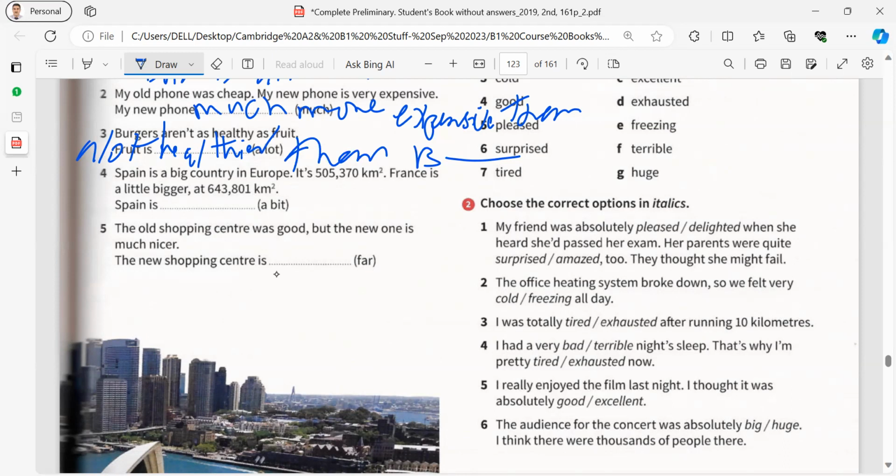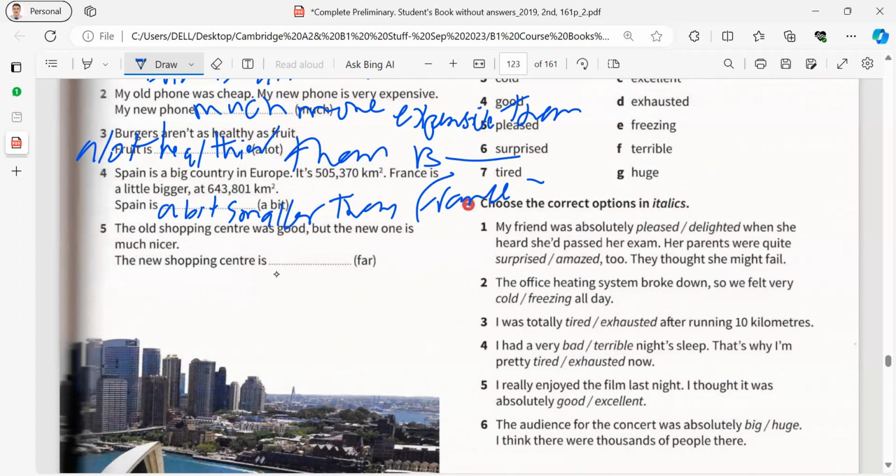France is a little bigger at 643,801. So Spain is a bit smaller. Look, how much smaller is Spain? Smaller, yes, exactly. Smaller than France, right? Type the next one.